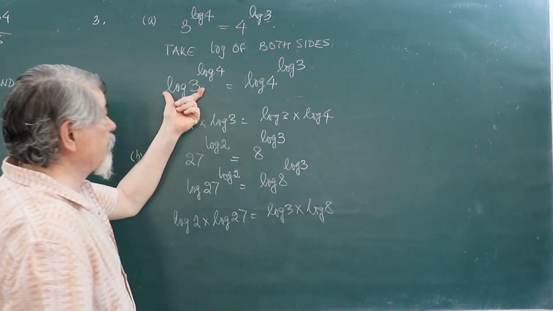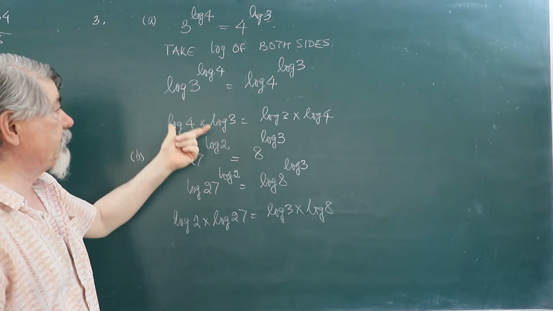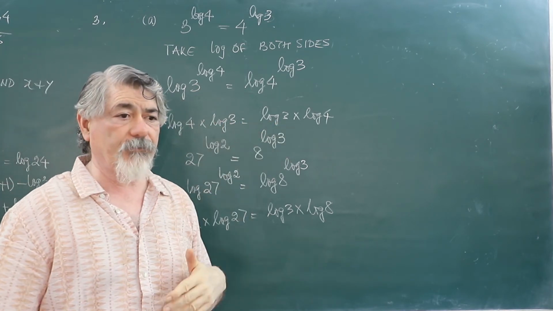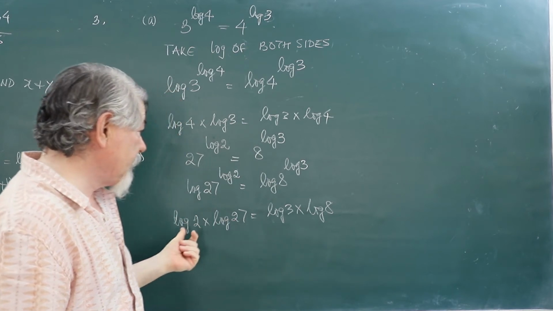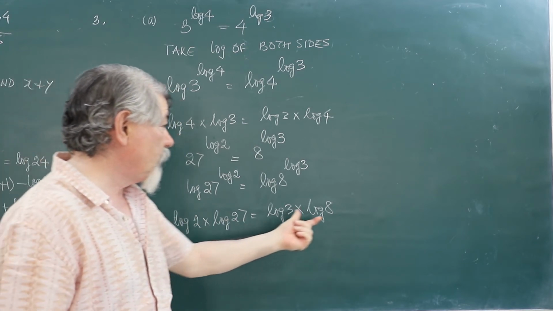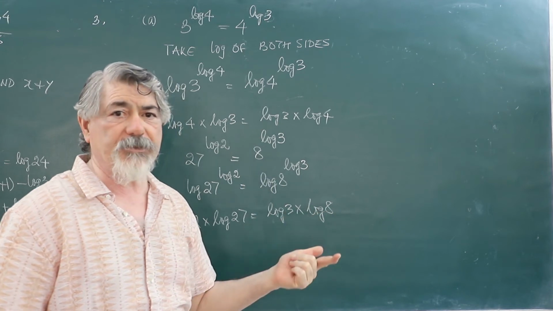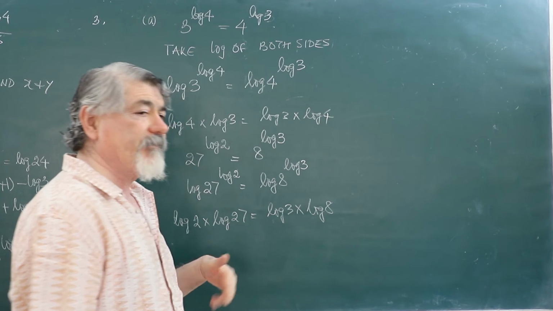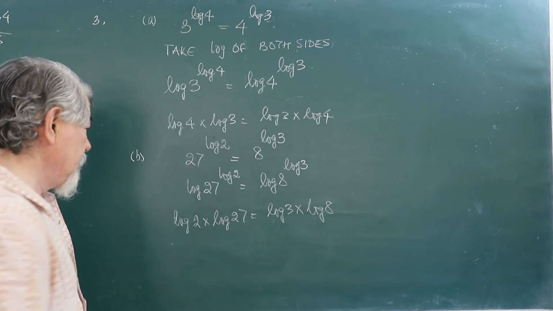Now in the first part of the question, we could directly get log 4 into log 3 as log 3 into log 4, but here I am not getting that. But I can see log 2 is here, log 8 is there. So 8 can be expressed as 2 to the power 3. Log 27 is there, log 3 is there. 27 can be written as 3 to the power 3.